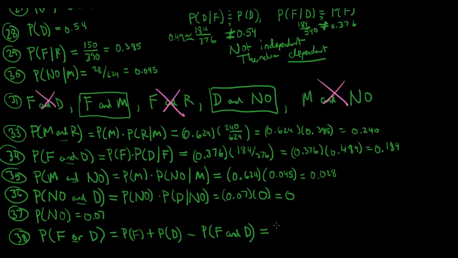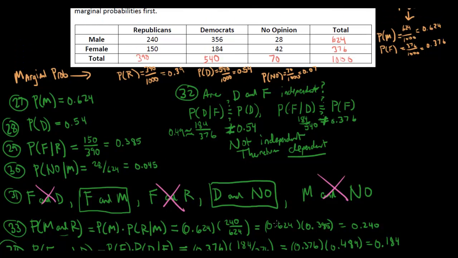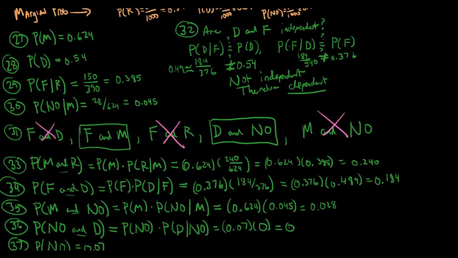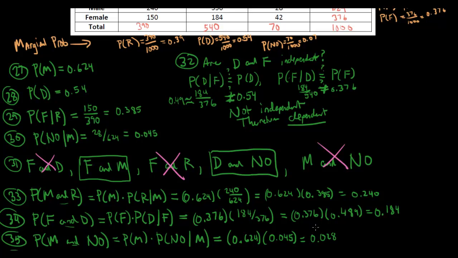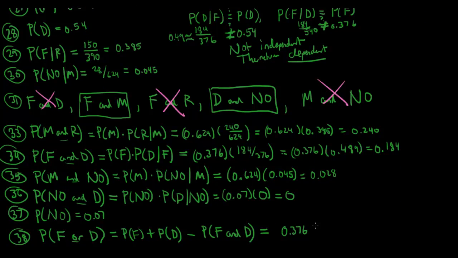Okay, so let's scroll back up here. The probability of a female, marginal probability, 0.376. The probability of being a Democrat is 0.54. Right here. Marginal probability. And the probability of being female and Democrat is right here, 0.184.